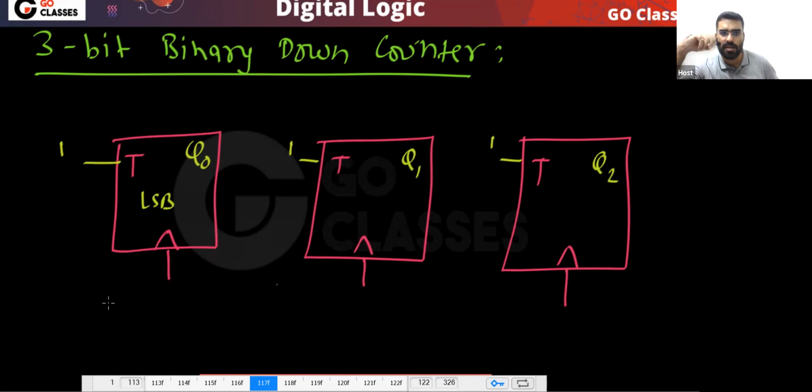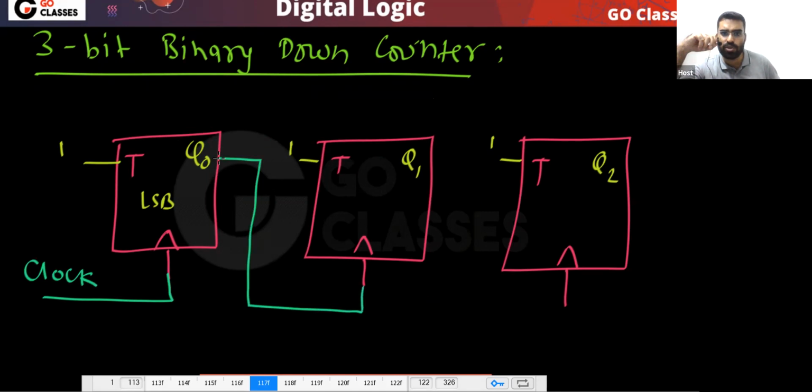Now, in this situation, you can notice a very simple point. I will connect this to the clock because this LSB should change in every cycle. This is positive edge triggered. And what we want is that when this Q0 is going from 0 to 1, this Q1 should change, and this will happen.